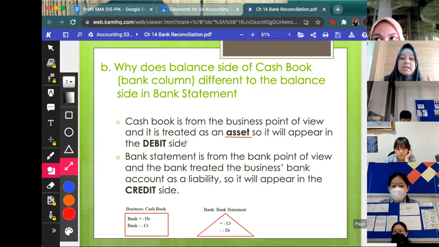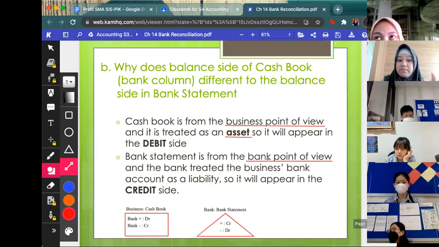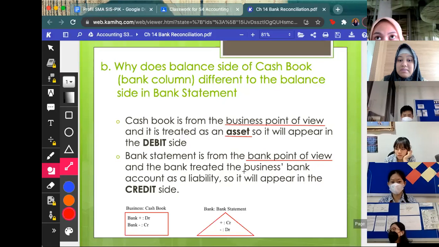Logically speaking, we're talking about a normal bank balance, which is positive. Now, the bank statement is from the bank point of view. Once again, the cash book is from the business point of view.